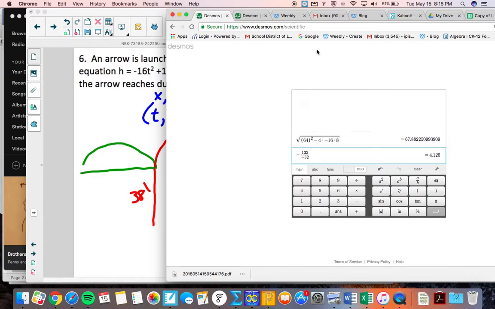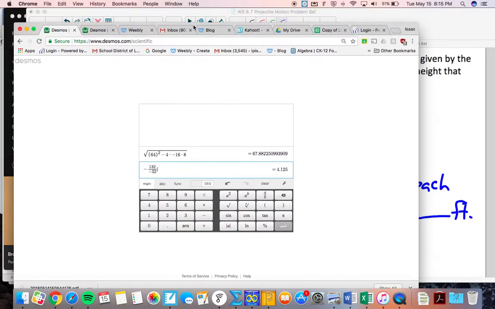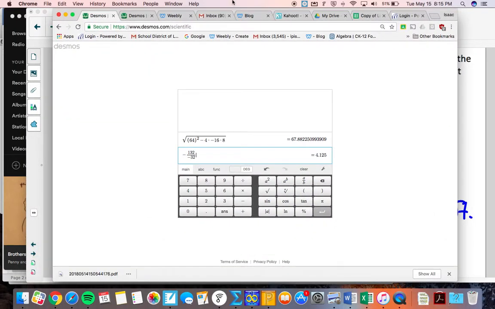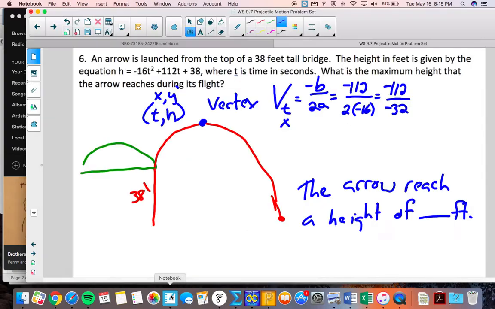Isn't that what we just had on number 5? Oh, just kidding. There we go. So we get 3.5 seconds. Keep in mind what these values represent. So that's my time. At 3.5 seconds, the arrow reaches maximum height.